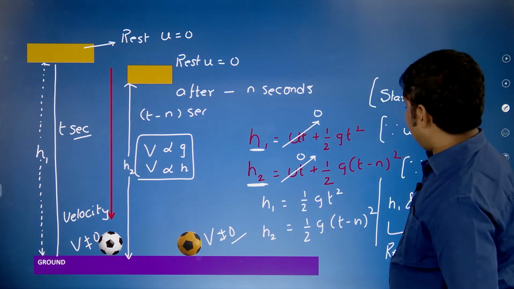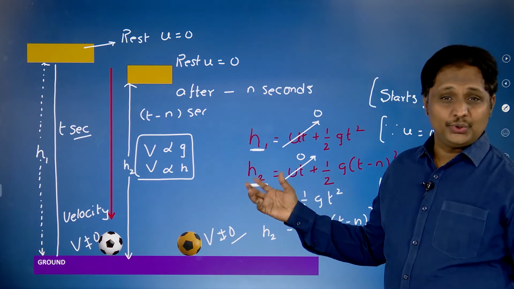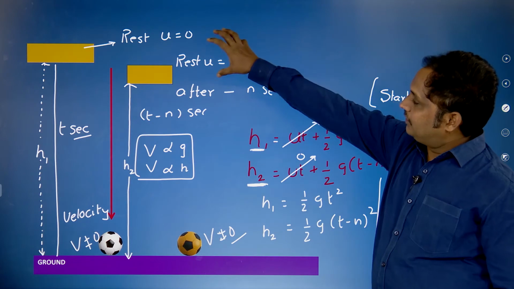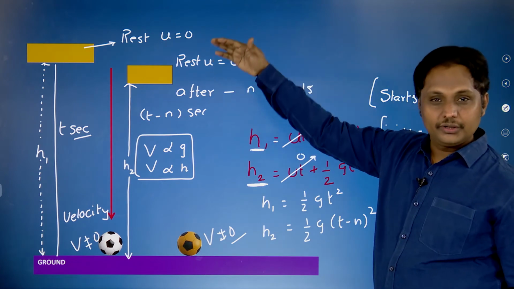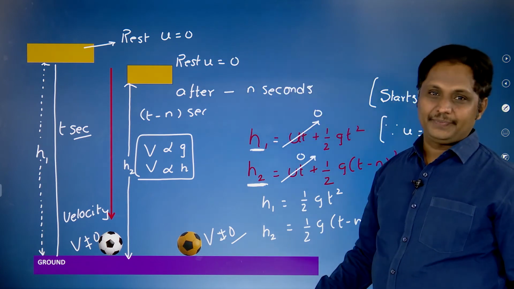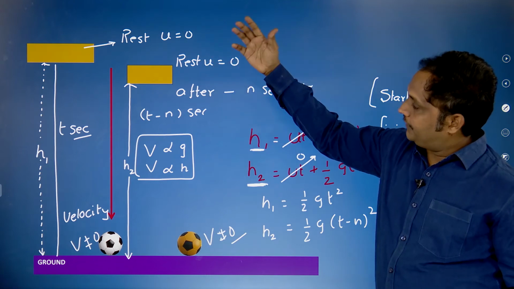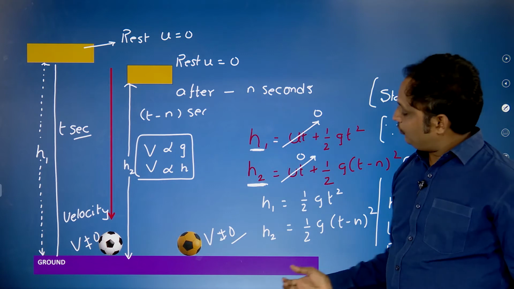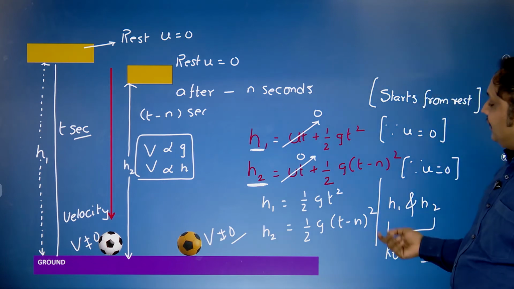At the same time, h1 minus h2, the difference of h1 and h2, gives the difference of the heights from the second ball to the first one. You have to find this, and you can also calculate if they have given 1 second.